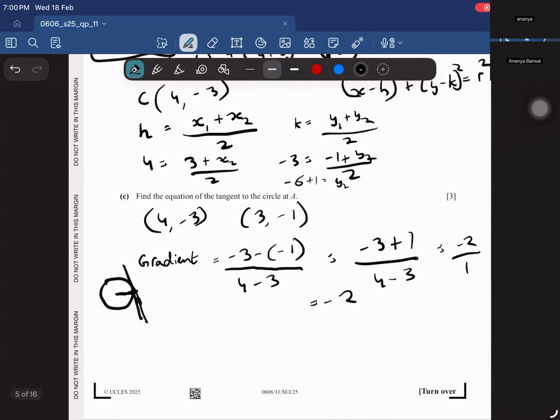So the gradient of the tangent equals negative 1 divided by negative 2, which means that the gradient is half. So the equation is y equals half x plus c.